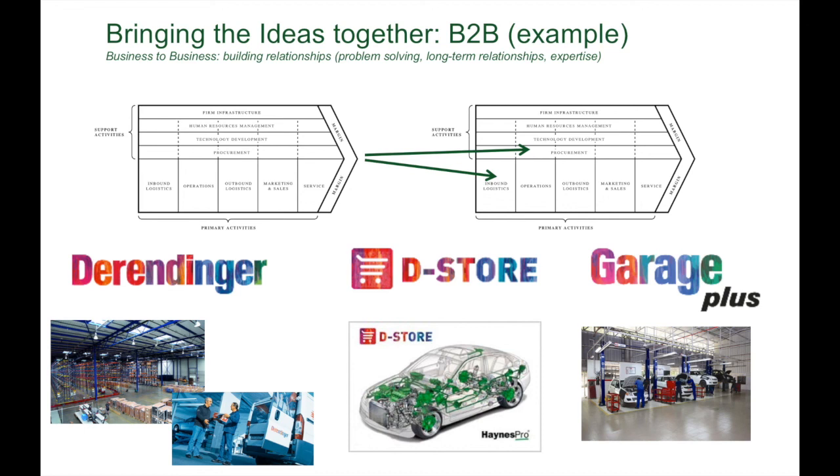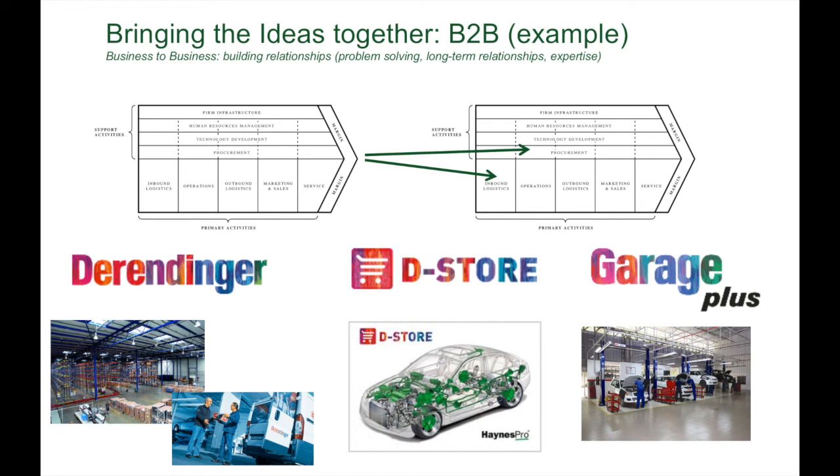That's a company that is delivering automotive spare parts to car repair shops. Now, Derendinger had the problem: why should repair shops buy or order the spare parts at Derendinger instead of anybody else? So what they came up with was the D-Store. That's in the middle.